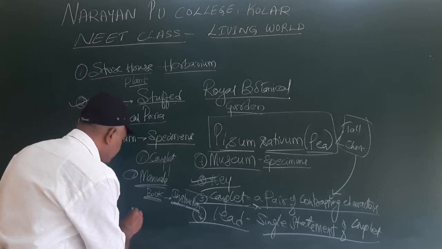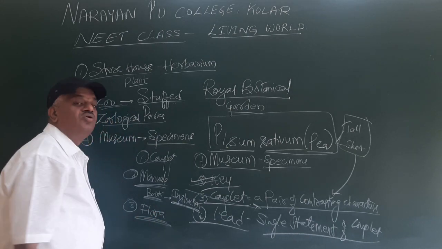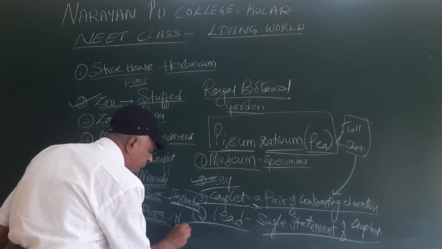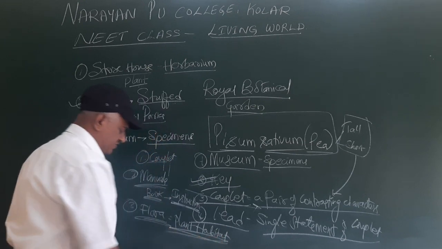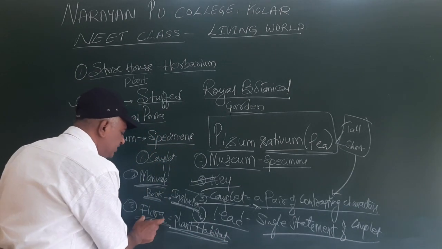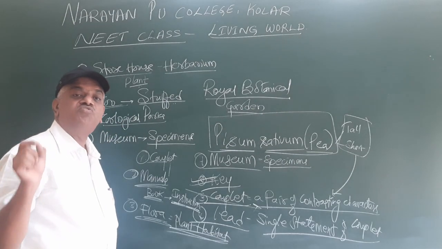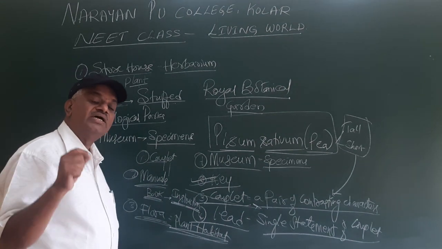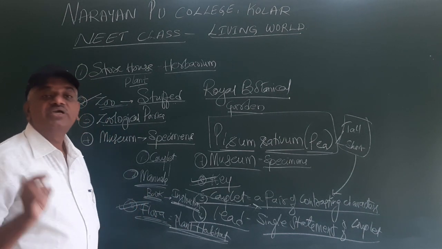Third option is flora. Flora is nothing but a plant habitat. So based on the plant species, we say flora is nothing but plant habitat. The meaning of plant habitat is where the plant is growing, in water, on land, or in the desert. So based on that, we are going to study this. So this is the right option.